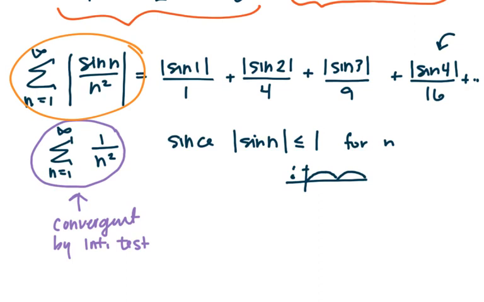So going back to our comparison test videos, since the larger series converges, and we can think about this visually, our larger series, 1 over n squared, we said converges. If we know that converges, then the series beneath it, or the smaller series, sine n over n squared, must also converge.